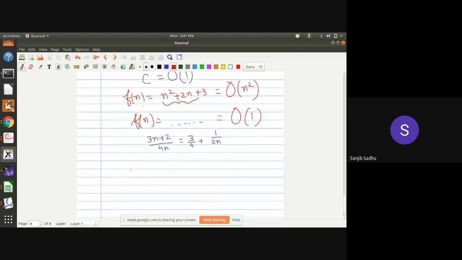I can write that if I take 1 upon n, for example, this is big O of 1. Why? Because if I make n larger, what happens? For all values of n greater than or equal to 1, this f(n) will always be less than or equal to what? 1.